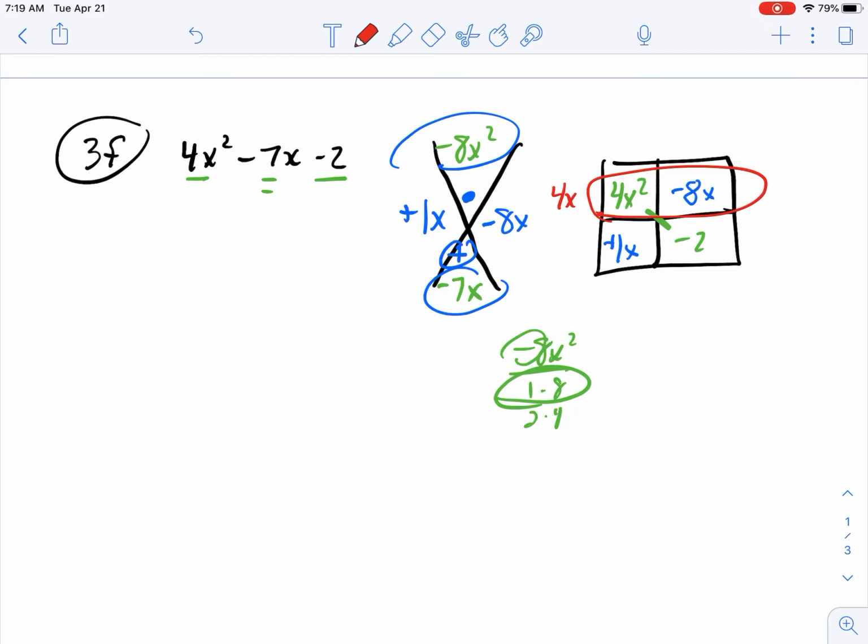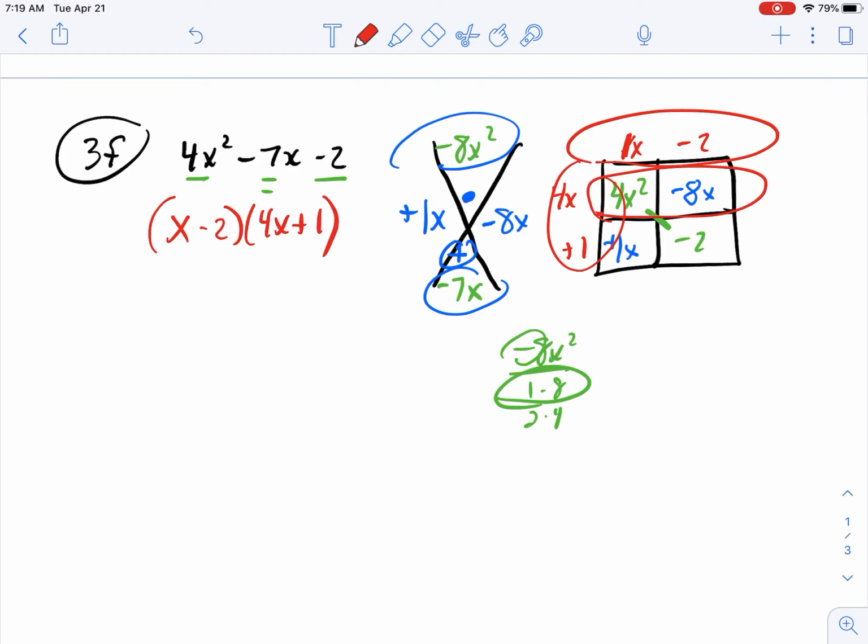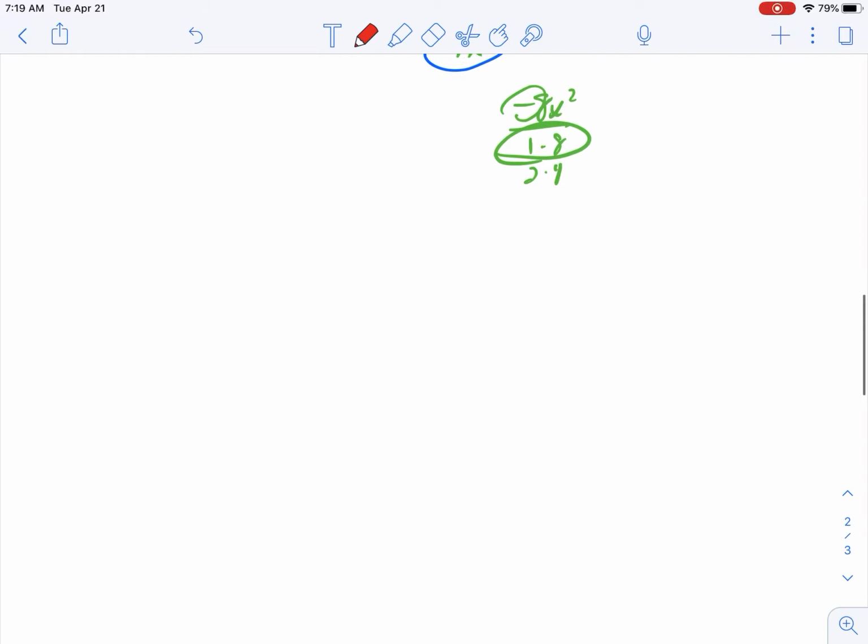Let's take out a 4x, and that would be just a 1x, and that would be negative 2, and this would be plus 1. Therefore, what we have, x minus 2 and 4x plus 1. Okay. All right, so hopefully that helps out a little bit.